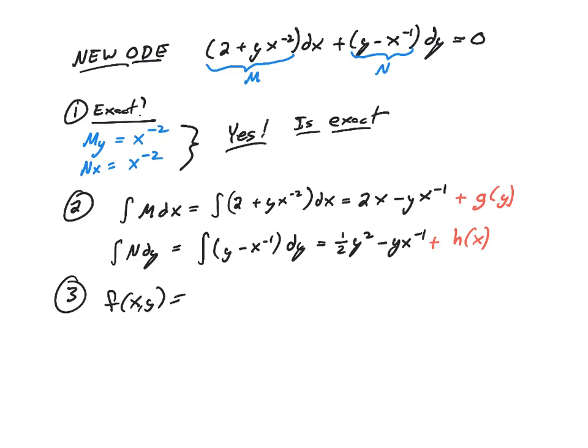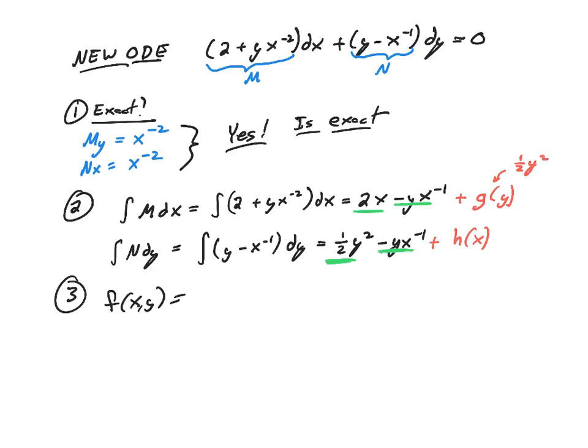And we do know that, oh, that's neat. We basically both have that our function f has to have negative y times x to the negative first in there. And if I have 1/2 y squared, then I can simply let this function of y be 1/2 y squared, so that term will fit.